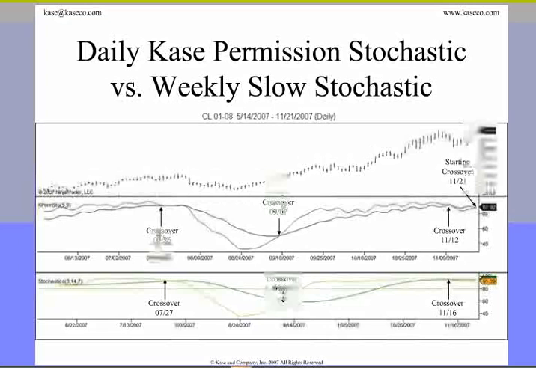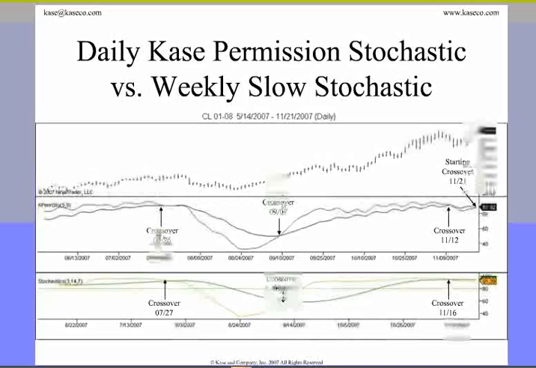The crossover on the Kase permission stochastic takes place on July 26th on the daily chart, and on the weekly stochastic it takes place just a day later. So what this shows is that the crossover using the synthetic higher time frame is occurring about the same time as it would on a chart that's 5 times greater, the weekly chart in this case.